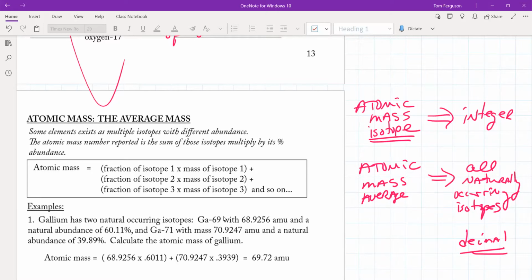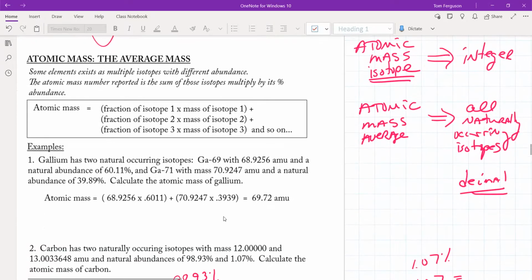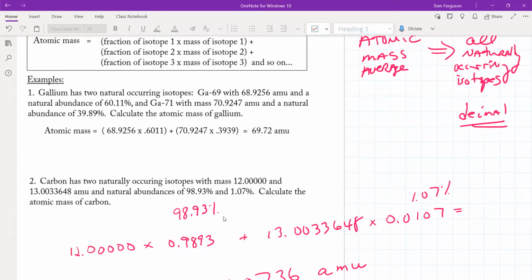Okay, all right. So to calculate all of this, we need to know the mass of each isotope.